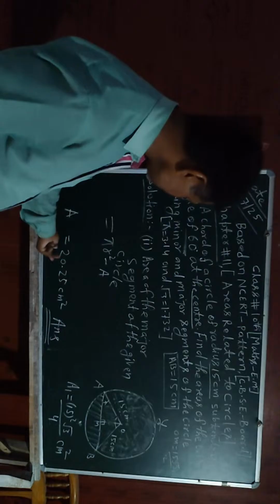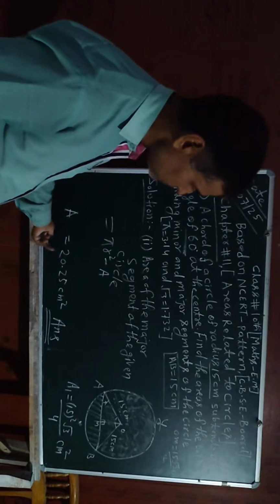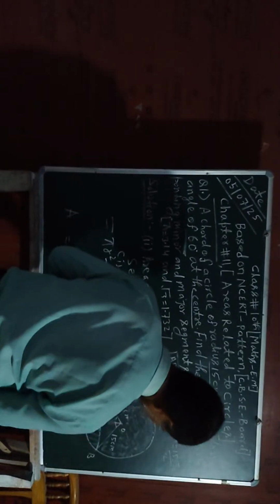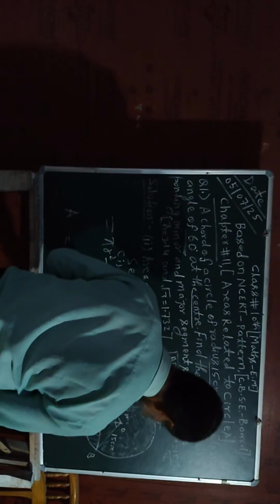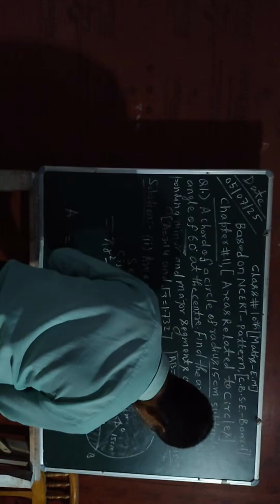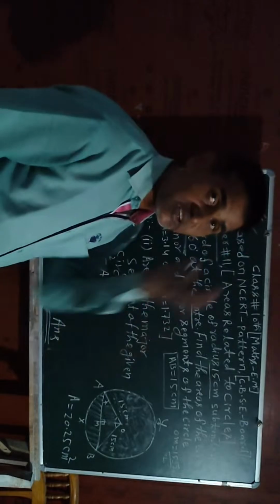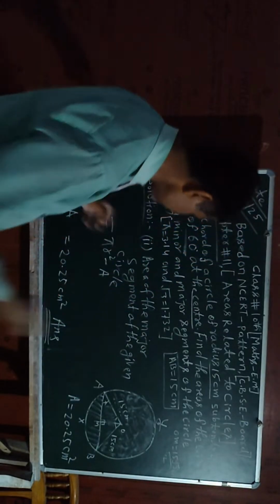Area of the minor segment I have written here. So this value I have to use. So this value I say here. So A, which is equal to 20.25 centimeter square, and this is the area of the minor segment of a circle. I have already written there.